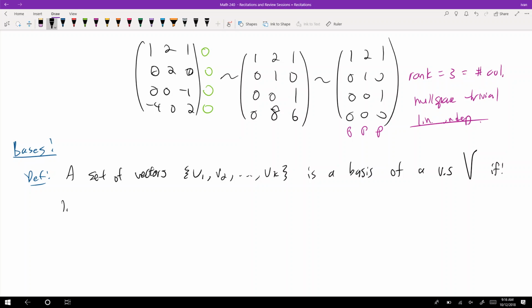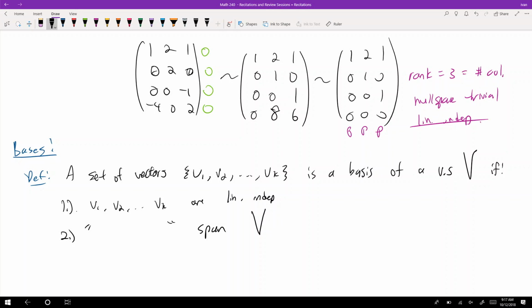The first one is that v1 through vk are linearly independent, and the second condition is that v1 through vk span big V. So just like subspaces, where you had to show closed under addition and closed under scalar multiplication, when you have to show something is a basis, you just have to check these two conditions.